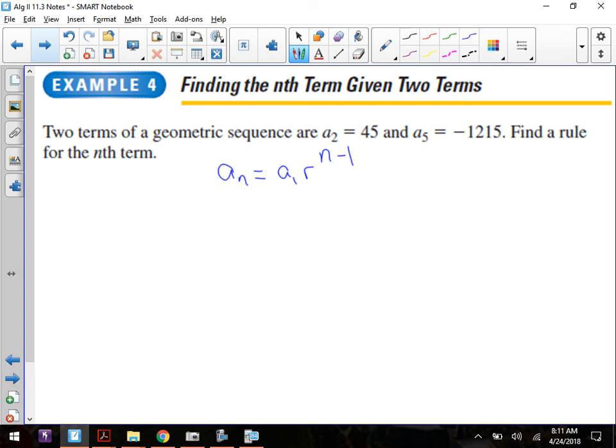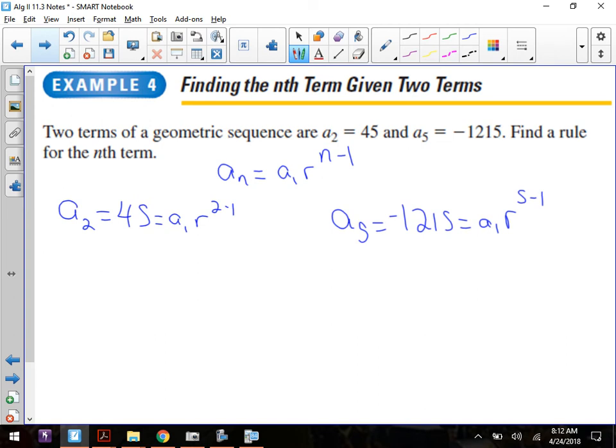If that's the generic, I know that the second term is 45, which is the first term r to the 2 minus 1. And then I have the 5th term, which is negative 1215, which is the first term r to the 5 minus 1.